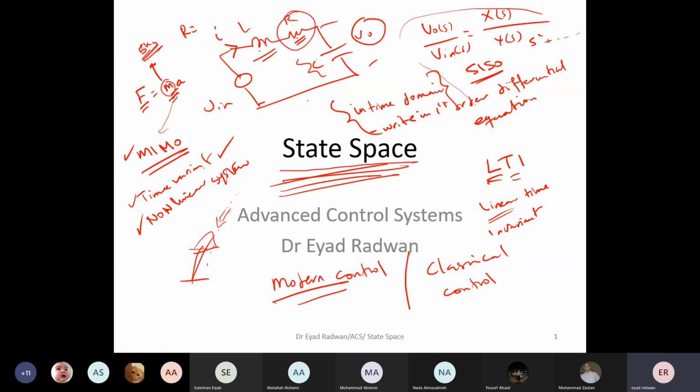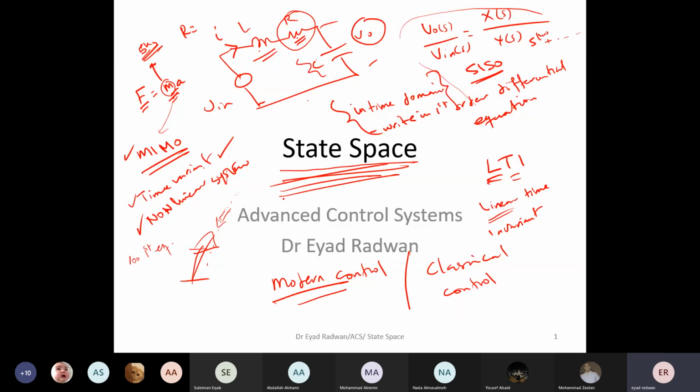For example, if you have a system of 100th order, here you have to solve an equation of s to the power 100. On the other hand, here you can write 100 first order equations and solve them. So that's actually a big advantage.